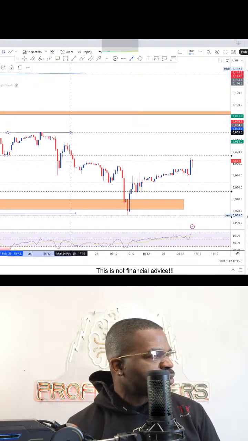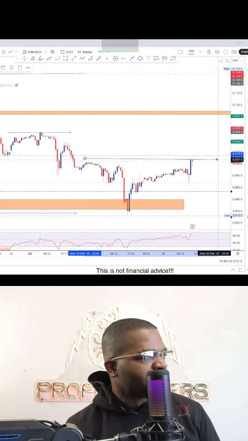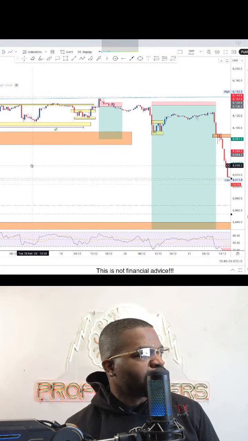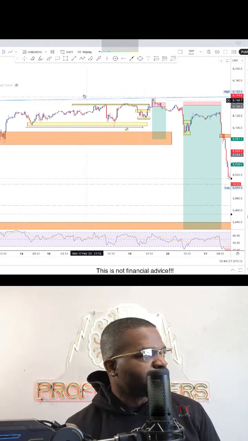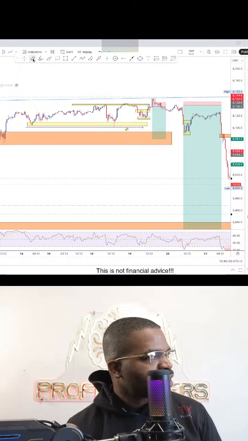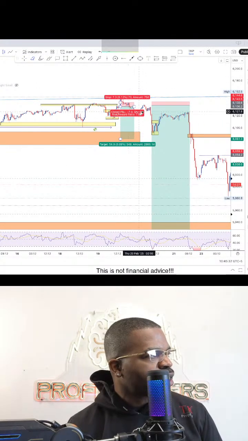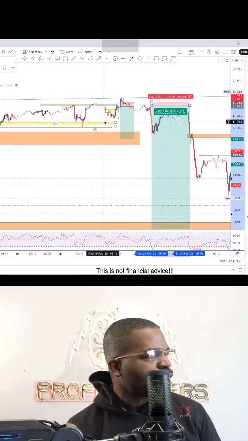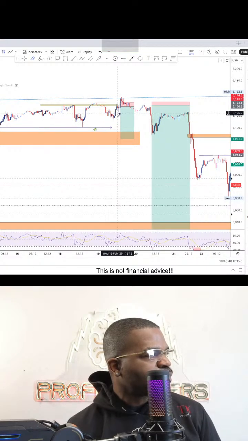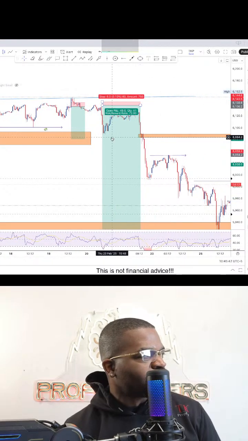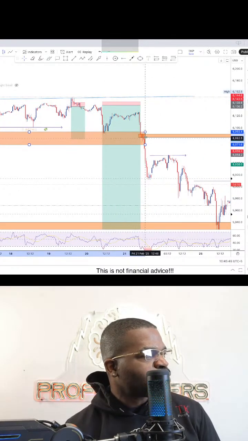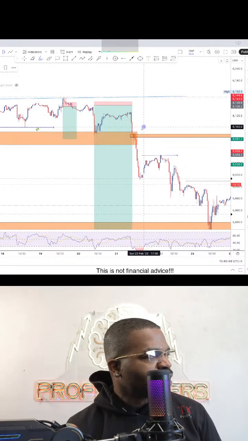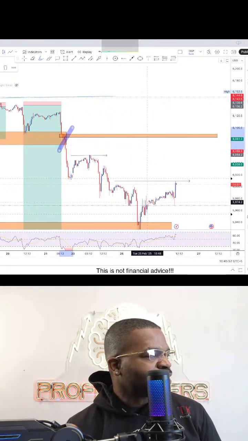So what I just did was I looked at the last area of structure that was printed on S&P 500. Let me get rid of some of this stuff. Cool, so this area right here, price broke beneath it in this area right here, but it never retested.